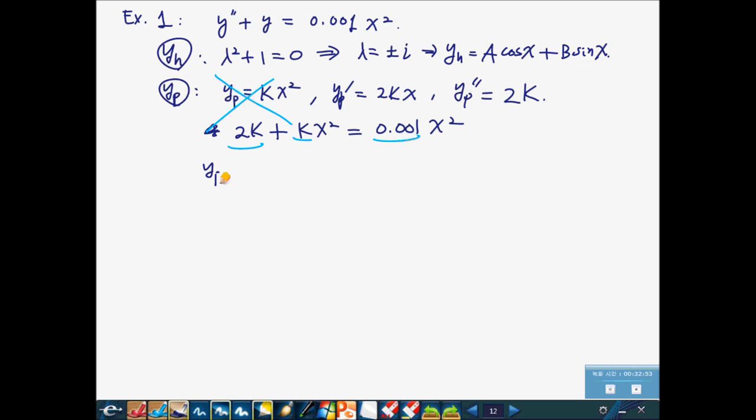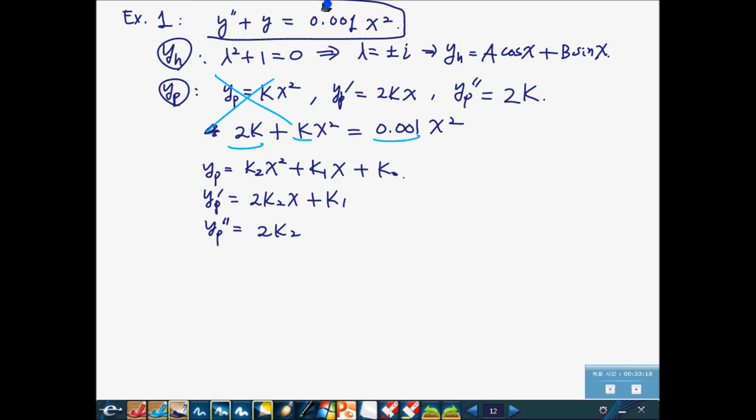So our yp is k2x squared plus k1x plus k0. Okay? And you differentiate it. yp prime is 2k2x plus k1, yp double prime is 2k2. And you plug it in, okay?